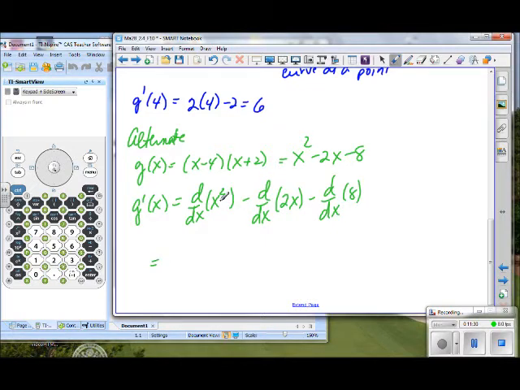And our derivative of 2x would be 2 times the leading coefficient of x to the first power minus, and the derivative of 2 would be 2 times 1 with x raised to the 1 minus 1 power minus the derivative of 8, which would be 0. So our answer would be 2x minus 2.